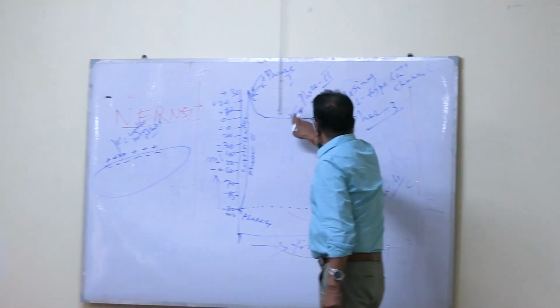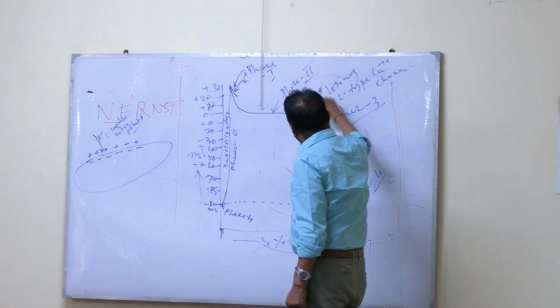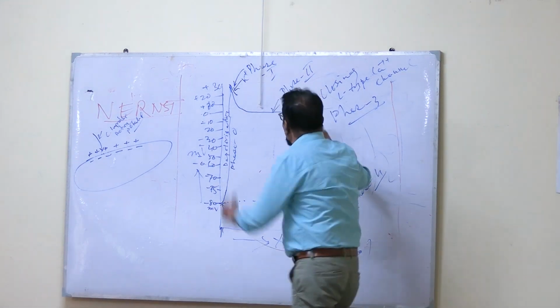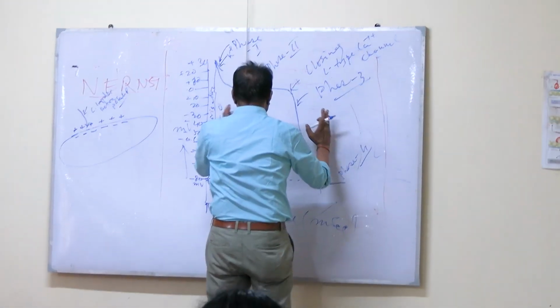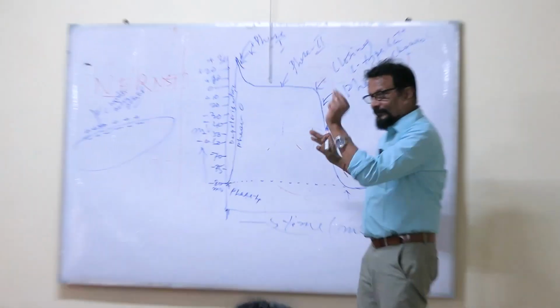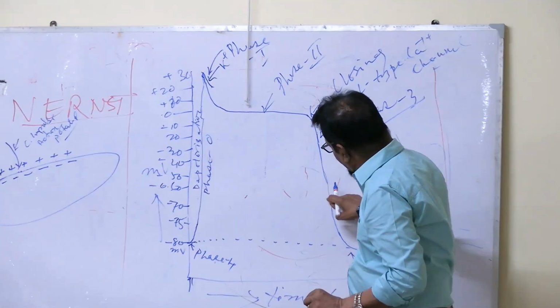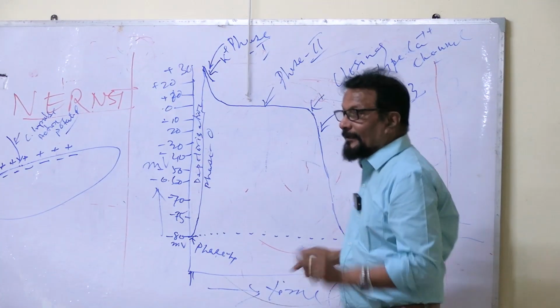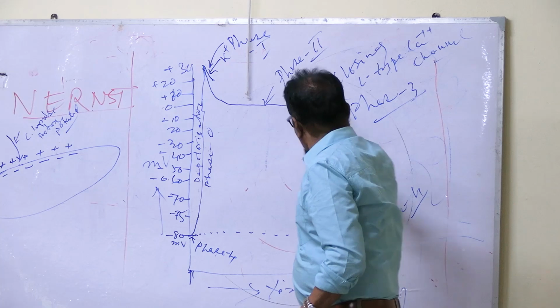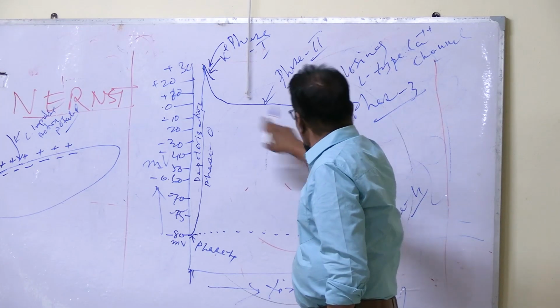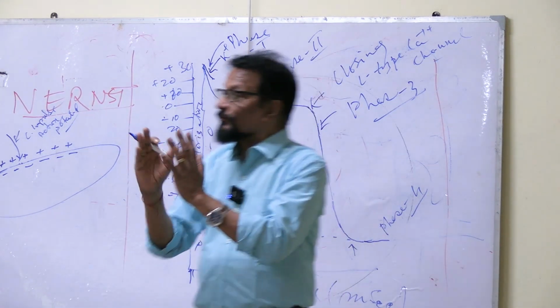Now the entry has stopped. By this time, the muscle started contracting with this calcium ion. So here contraction is going to be finished. This action potential is over, and contraction is also over.